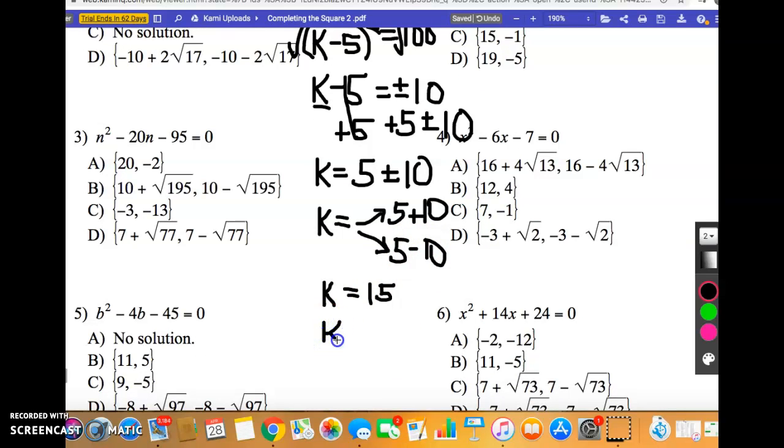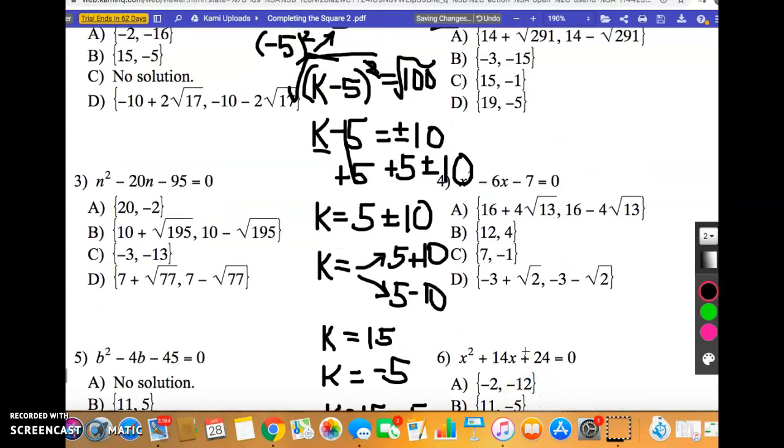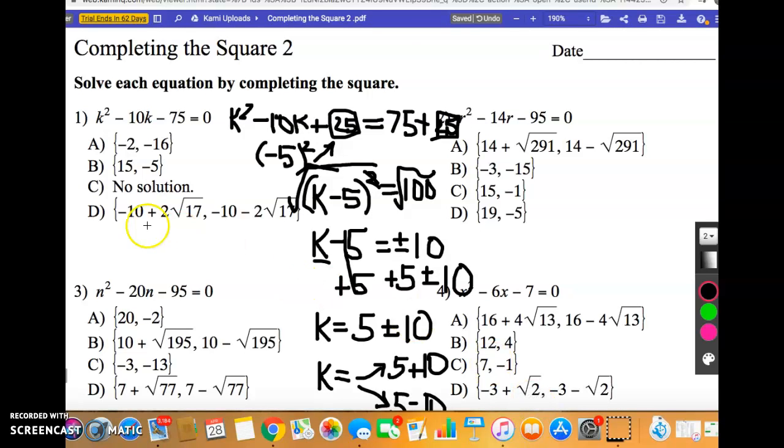So k is negative 5. So these two solutions, we can run them together as k equals 15 and negative 5. And if I go back to my original problem just to take a look, 15 and negative 5 is solution B. So there we go. All right, so that's that one.